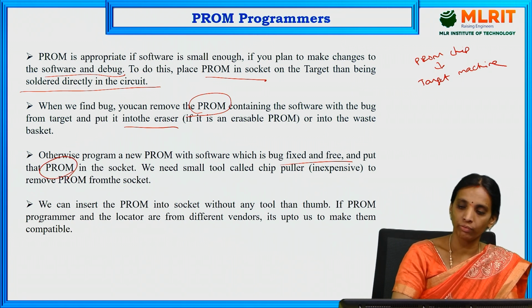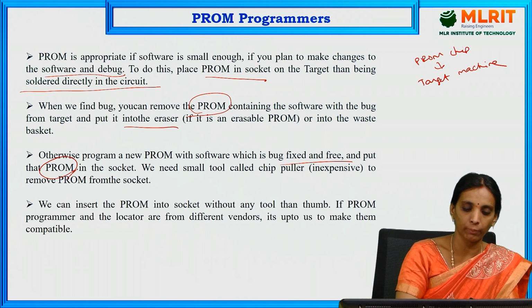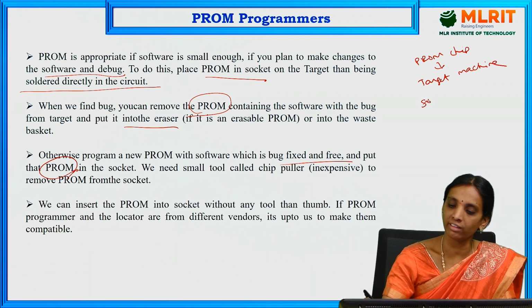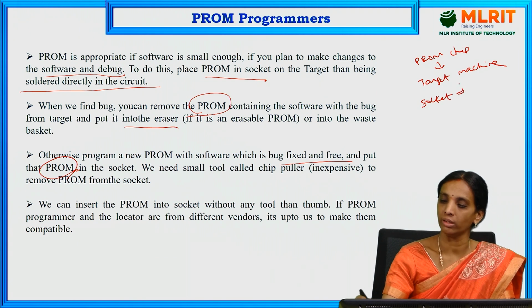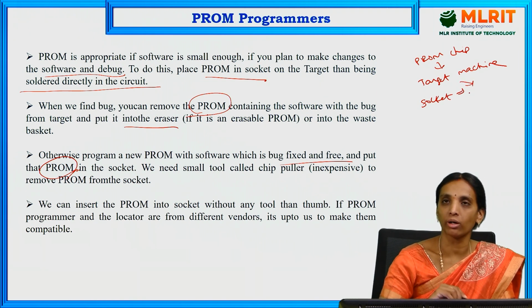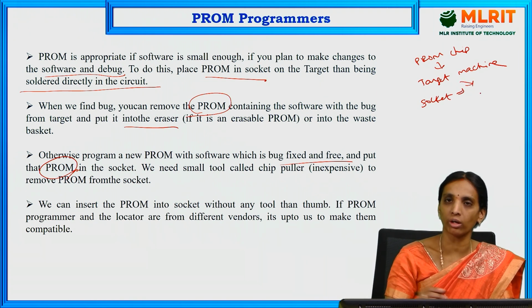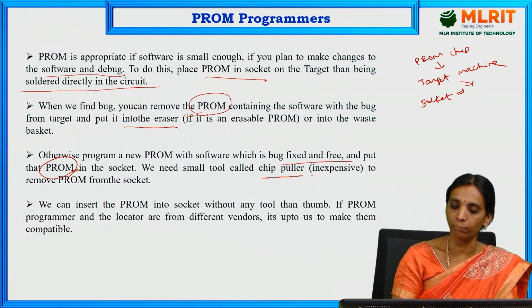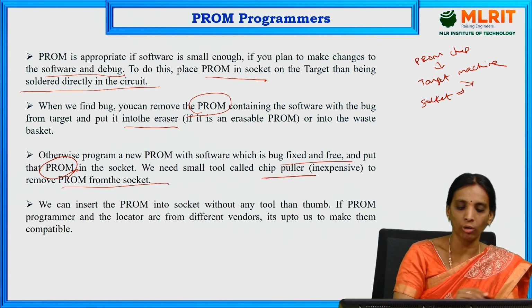Then we can insert that in the socket which is defined in the target machine. Here we need a small tool called a chip puller to remove the PROM from the socket.